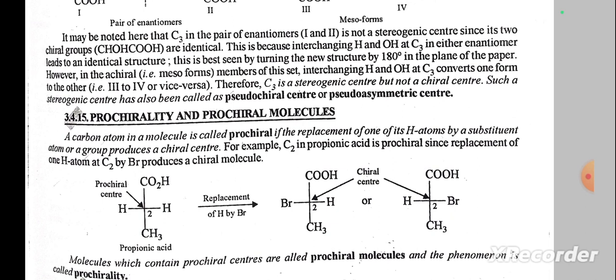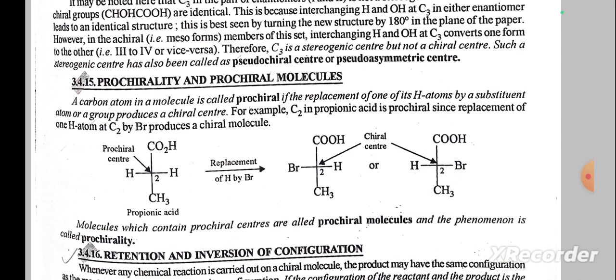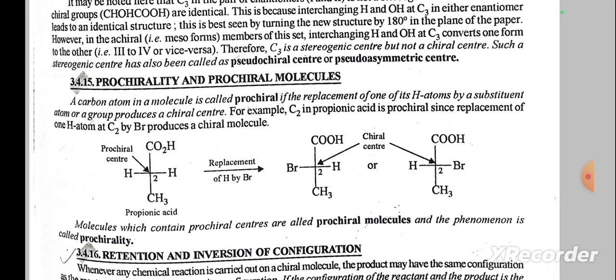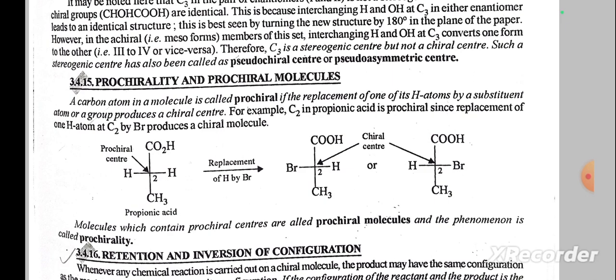However, in each meso form, interchanging H and OH at C3 converts one form to another. Therefore, C3 is a stereogenic center but not a chiral center. Such a center has also been called a pseudo-chiral center or pseudo-asymmetric center.